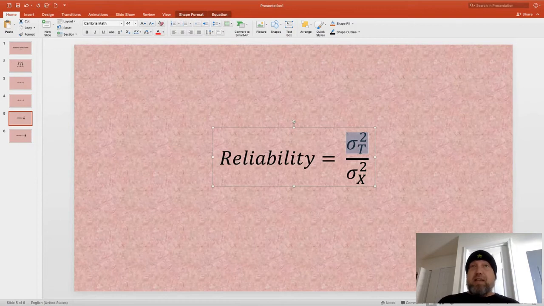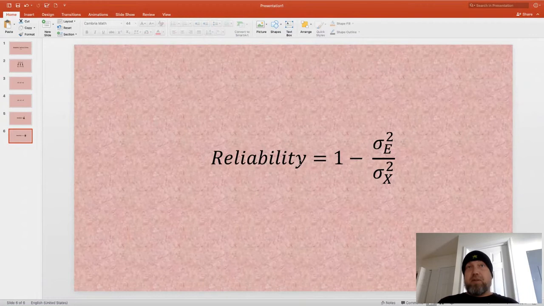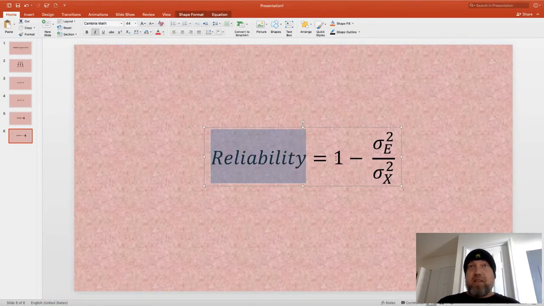A second way that we can think about reliability would be with respect to measurement error. So let's look at the other equation. So another way that we can think about reliability is, like I said, with respect to measurement error and the absence of measurement error. So let's look at this equation. We have reliability is equal to 1 minus the error variance over my observed score variance.